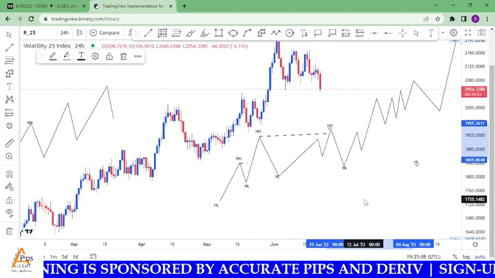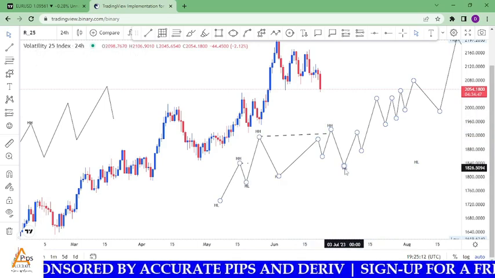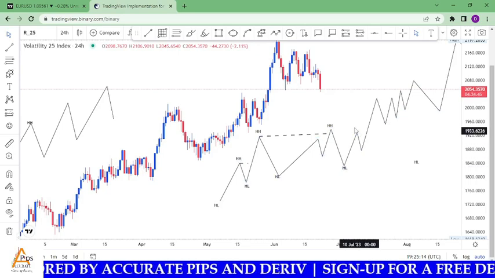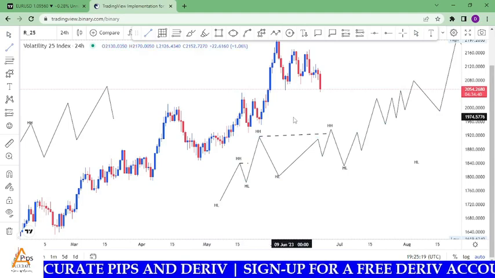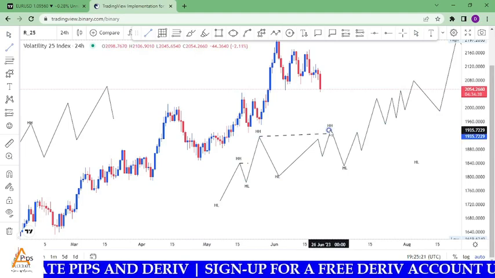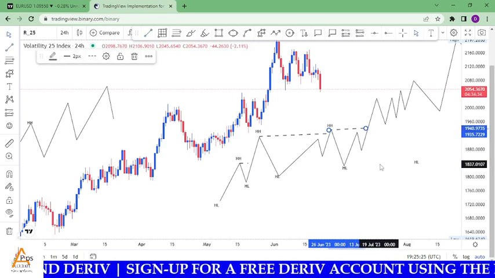Okay, this new higher high. Now this new higher high produces this higher low, but this high here did not take out this previous higher high. Therefore we can't say a new higher high has been created.